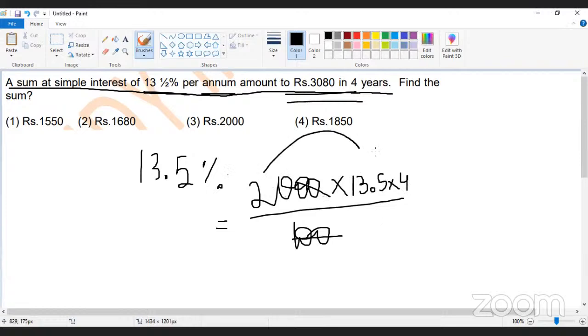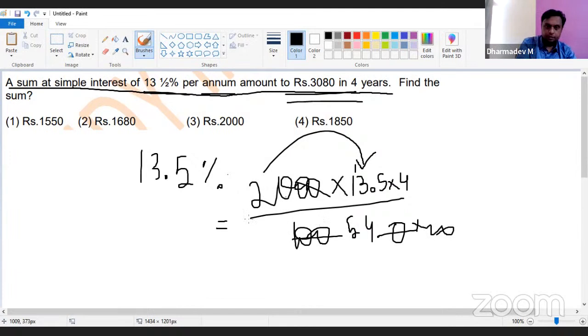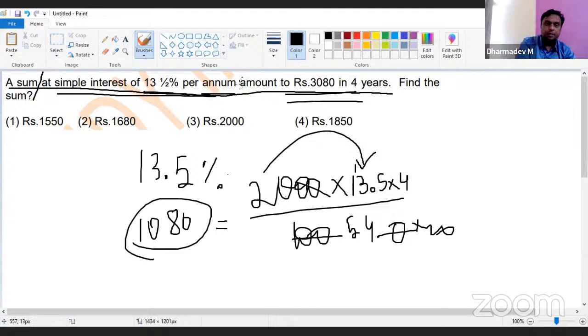Sir, I have a question. Yes, please. For this one, I got 1080. When we're finding the final amount, we just take 2000 plus the interest. Here the amount is given. A sum at interest of 13.5% per annum, the amount is 3080 in 4 years. That means in 4 years the money has become 3080.